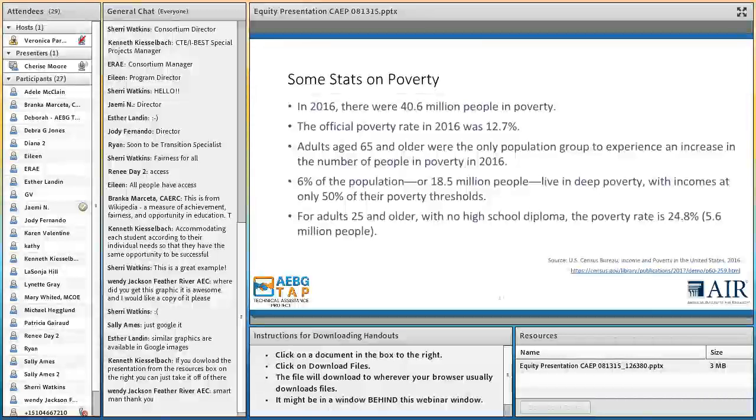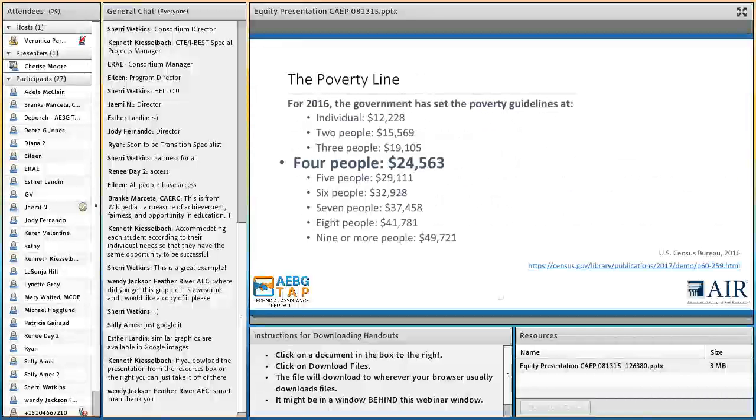6% of our population lives in deep poverty. And deep poverty is that they live with 50% of the thresholds that we saw here. So if you imagine that family of four living with $12,000 a year, that's deep poverty. We have 6% of our population living that way in this country today.